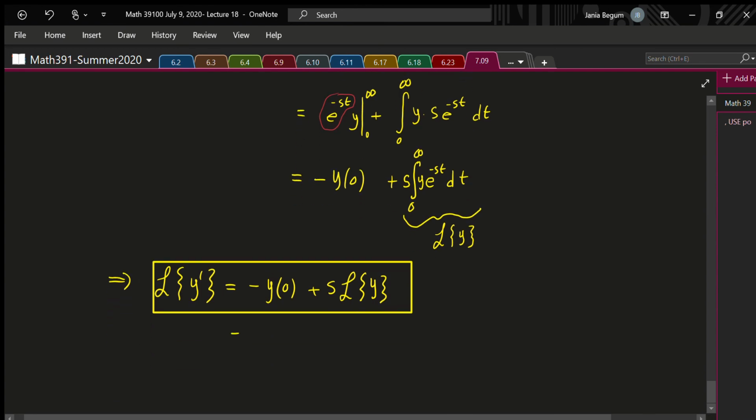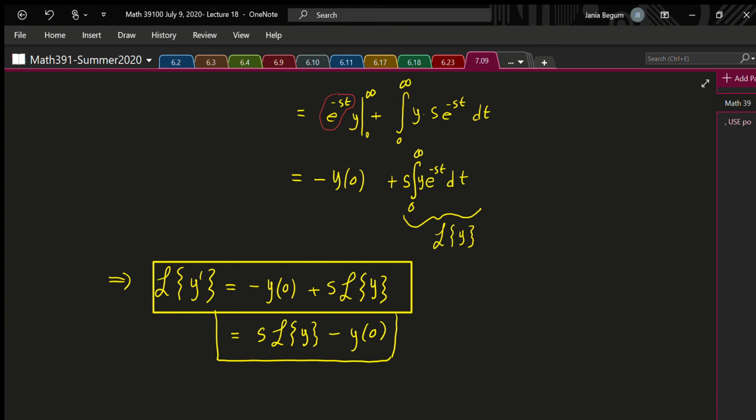I remember it this way: s times the Laplace transform of y, minus y of 0. That's just a simpler way of remembering this same formula, just switching the order of the negative, okay? So this is important. We're going to use this when we take the Laplace transform of the first derivative. This will be the expression we will plug in to our differential equation when we're solving.